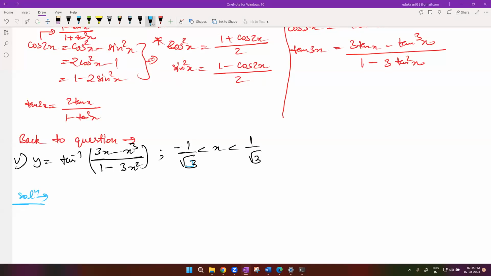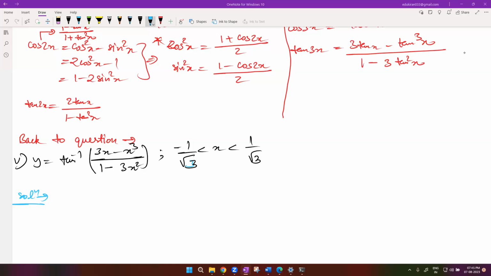Correct, Tharif. Tan 3x looks like it, right? In place of x, if I use tan theta, then it would be 3 tan theta minus tan cube theta upon 1 minus 3 tan square theta.